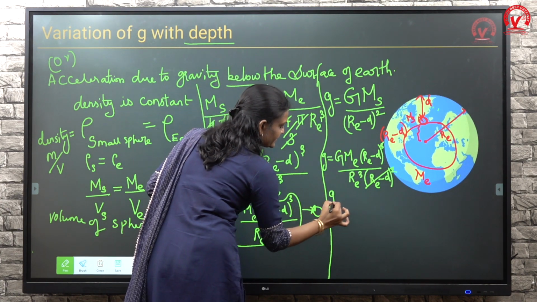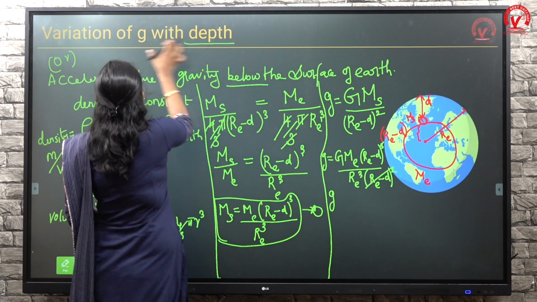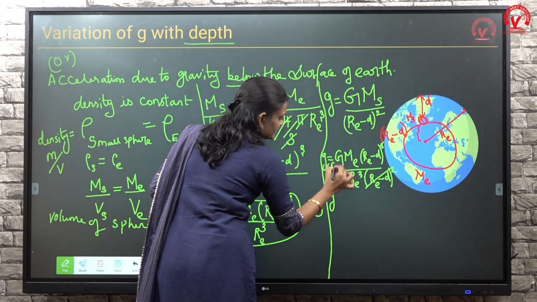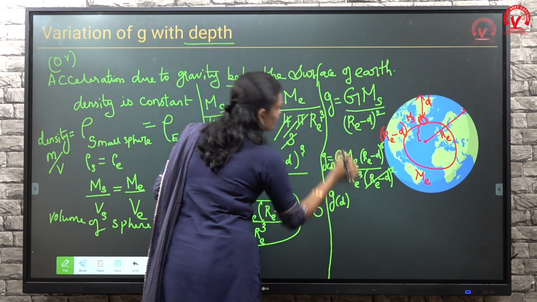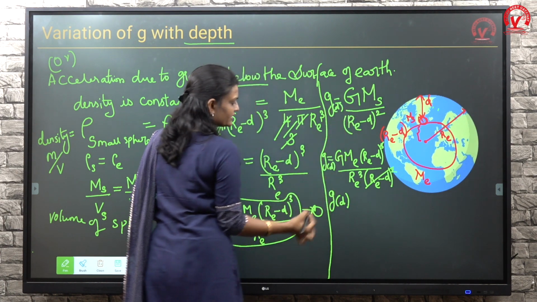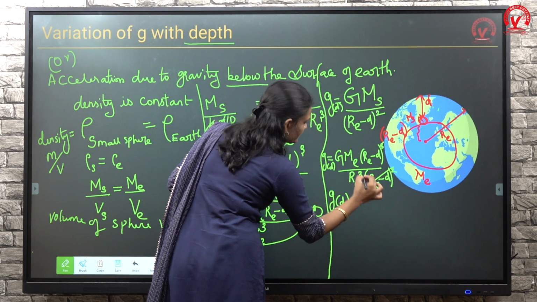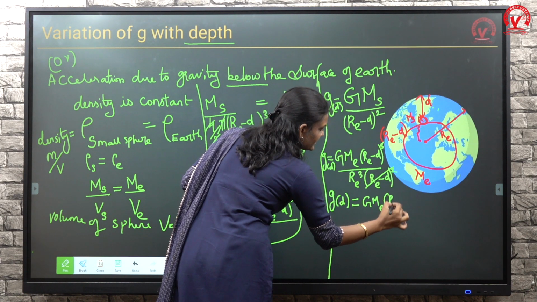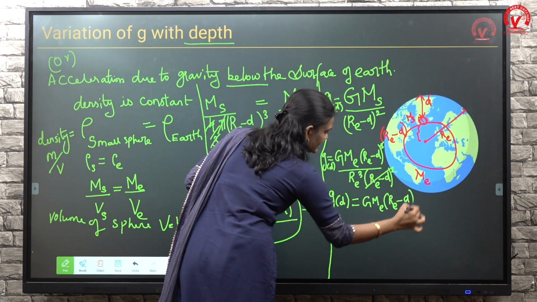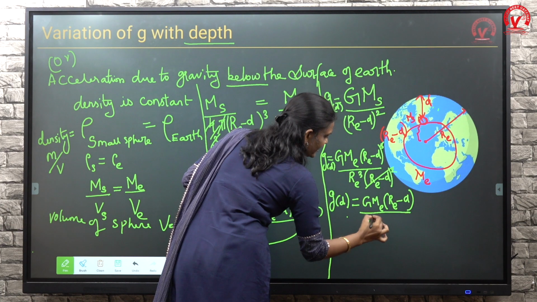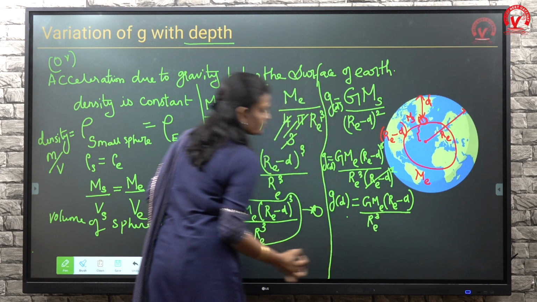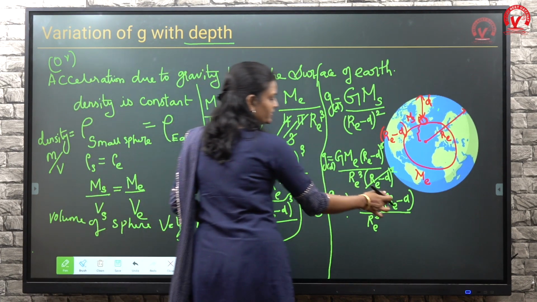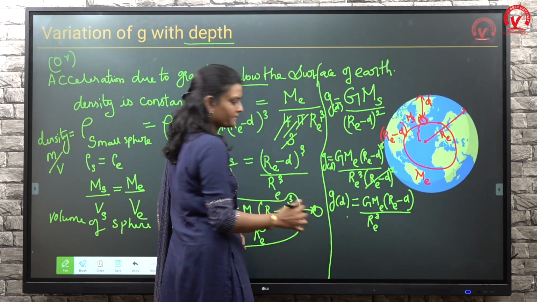Now this g is nothing but the variation of g with depth, so I am going to represent it as g of d. So g of d is equal to G Me times Re minus d divided by Re cube. Now take this Re outside.